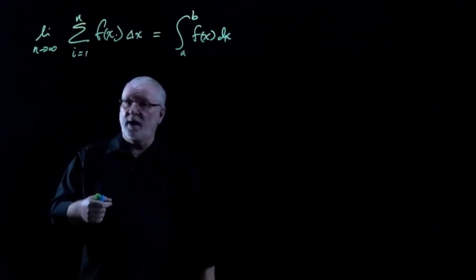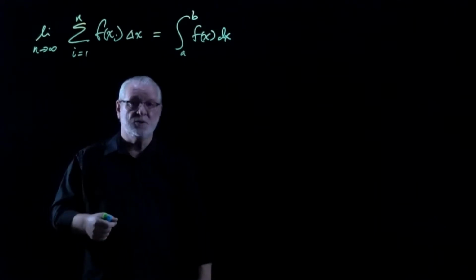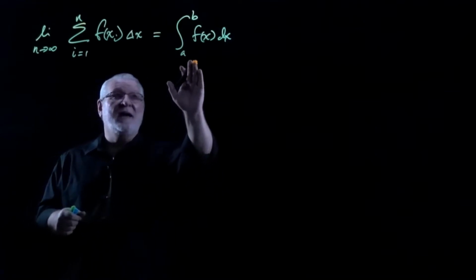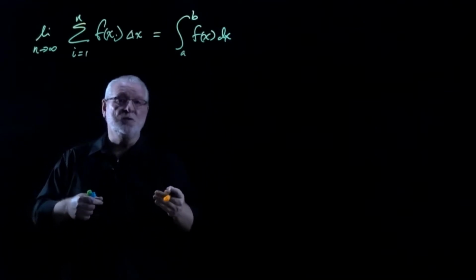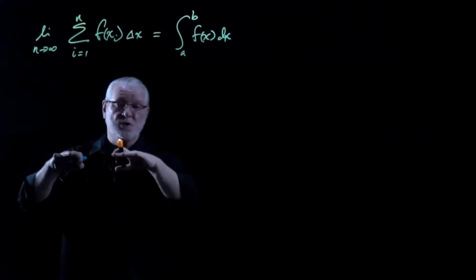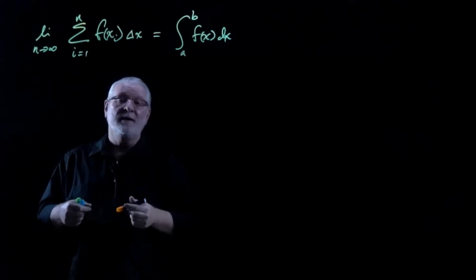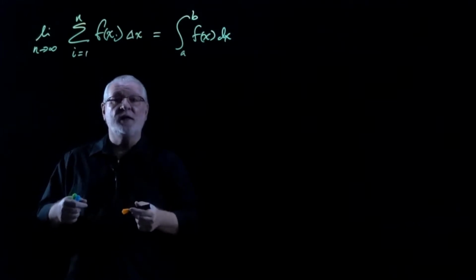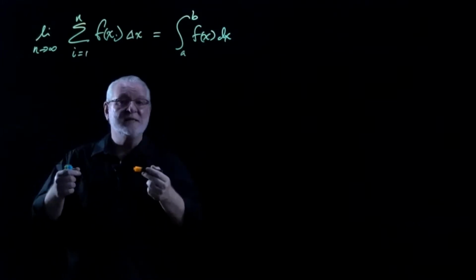Well, let's take a look at what happens when our function is two-dimensional. If instead of f of x, we want to do this to f of x, y, well, we know that means we've got some sort of z function that hovers over the xy plane. And what we want to do now is perform two nested Riemann sums.